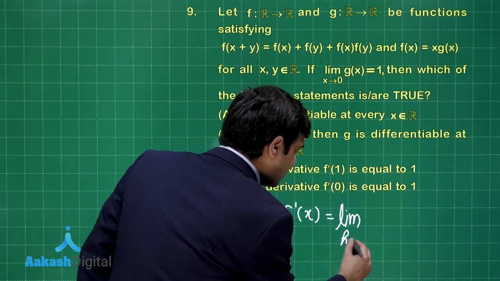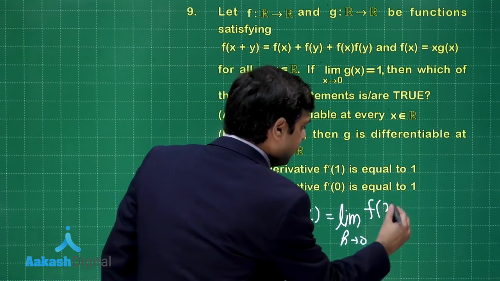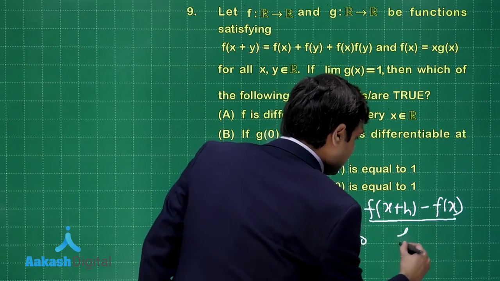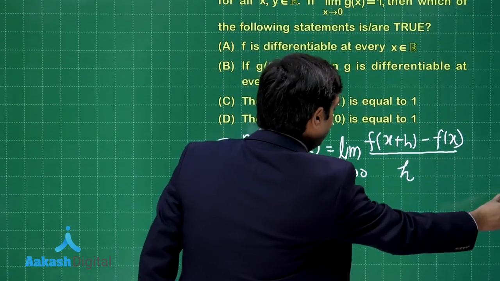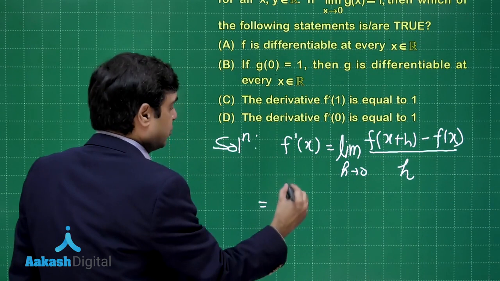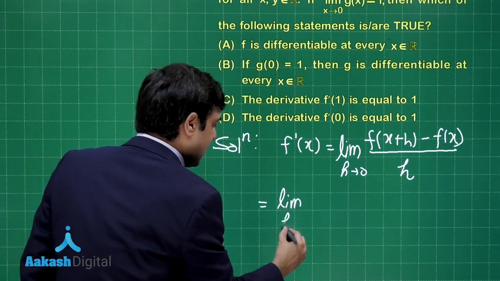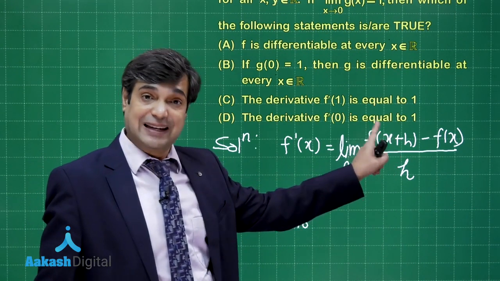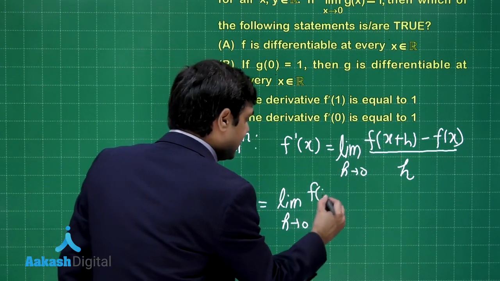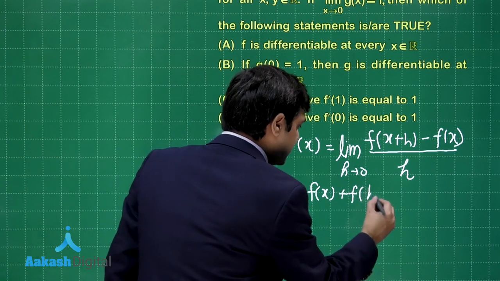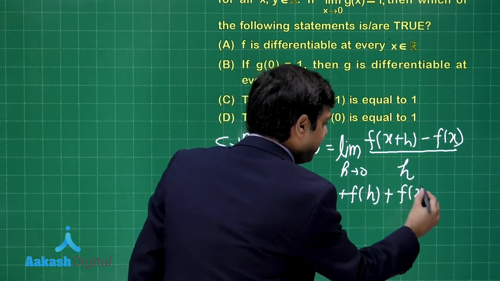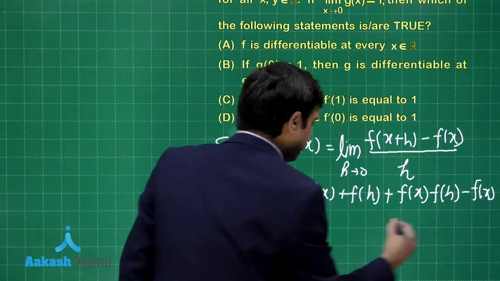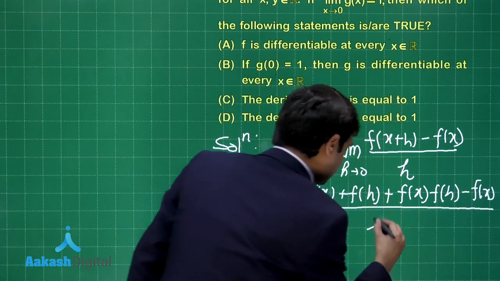Limit h approaching to 0, f of x plus h minus fx upon h. So this is equal to limit h approaching to 0. Applying property f of x plus y given to me, that is fx plus fh plus fx fh minus fx divided by h.